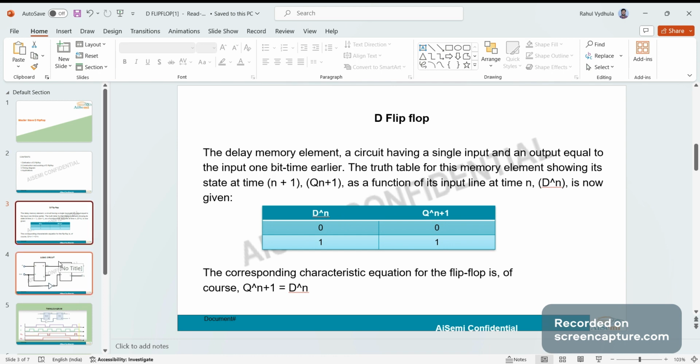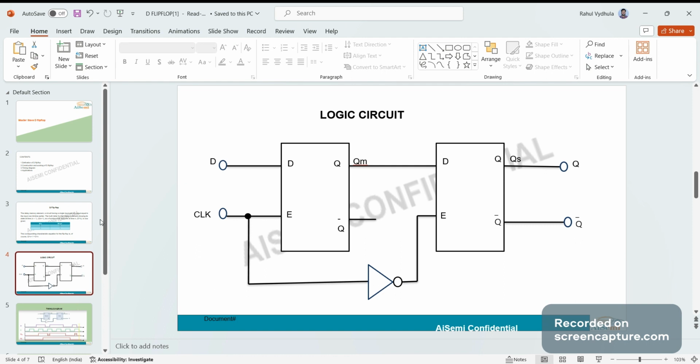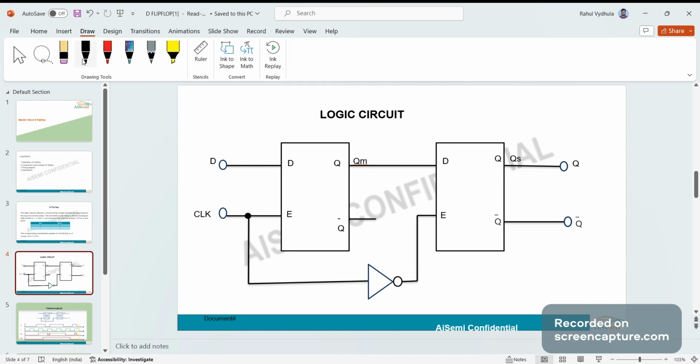Next, construction. For the construction we are taking the logic circuit. In the circuit, we have both the latches. These both are D type latches, and one is considered as the master and another is considered as the slave.